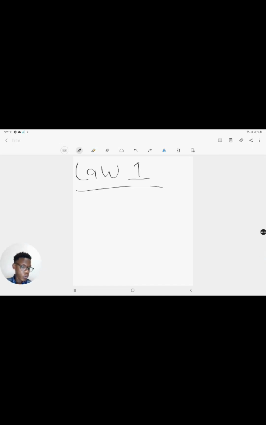So the first law of your logarithms is going to be the following. You're going to have log, and let me just write it properly. You've got your base there, which is a, and then x, plus log base a of y, is equal to log of your base there, and then x and y.